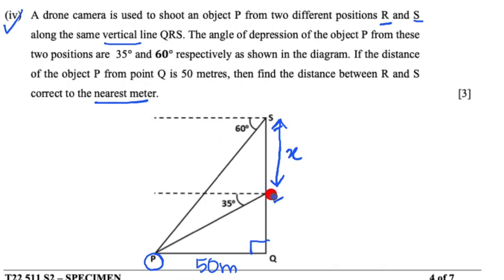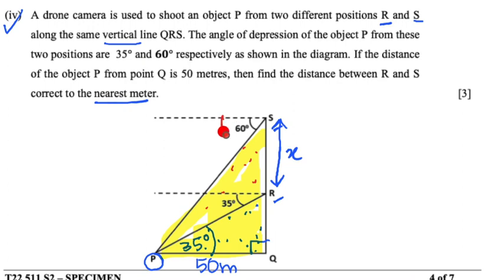Now here you can see there are two right triangles. Can you see the two right triangles? This is one right triangle, and if this is 35, then this will be 35 degrees because of alternate angles, and the other triangle is this one. This is the second triangle.